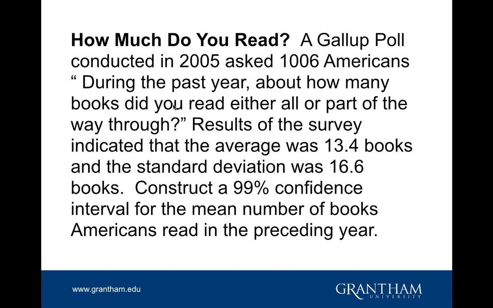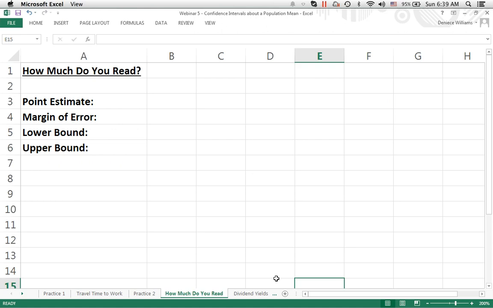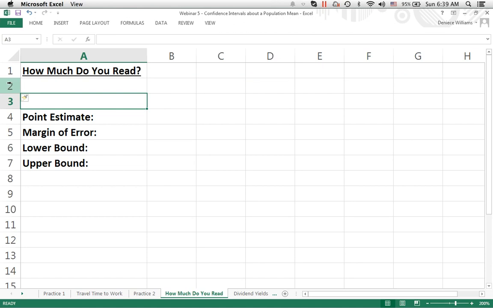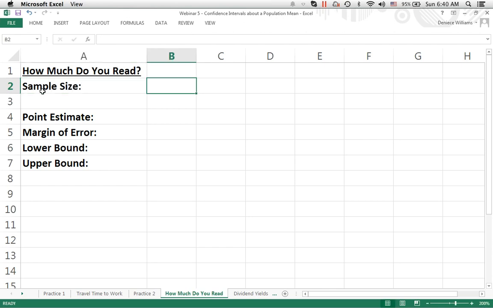So what are we going to do with these numbers? Let's go ahead and open up our Excel. And here, I'm just going to type in my sample size, which is 1006.